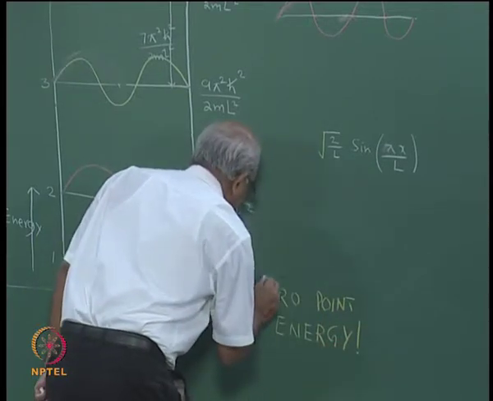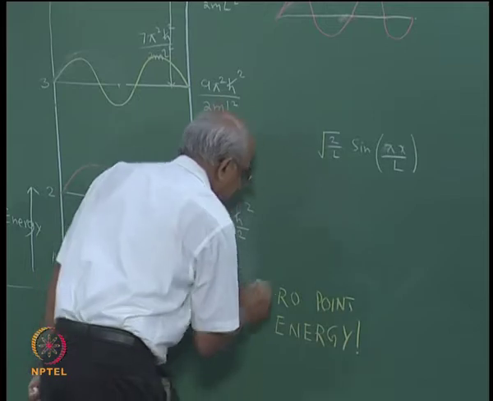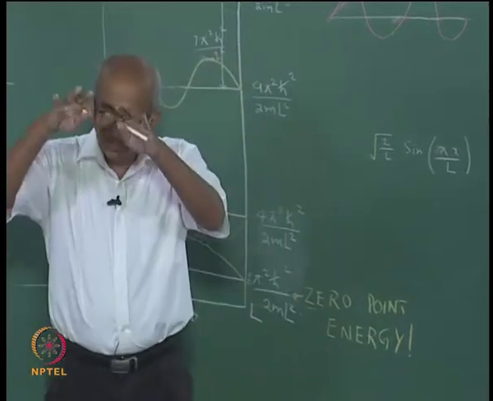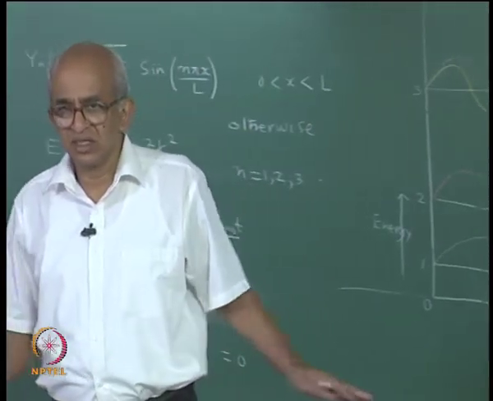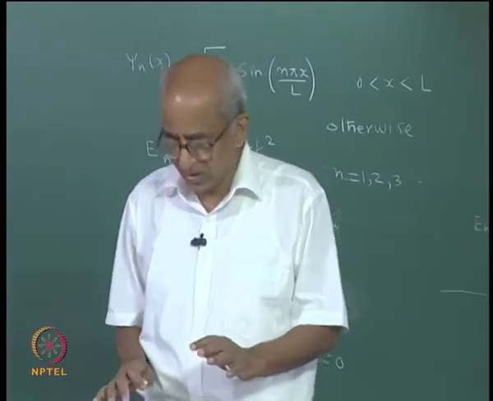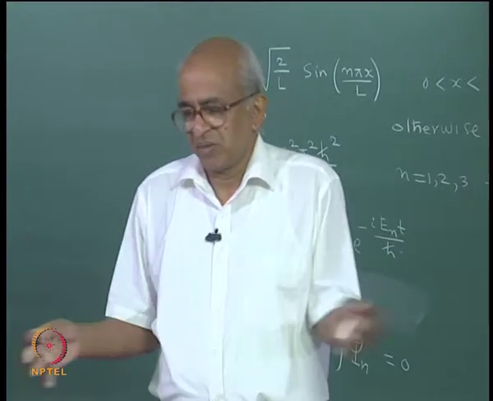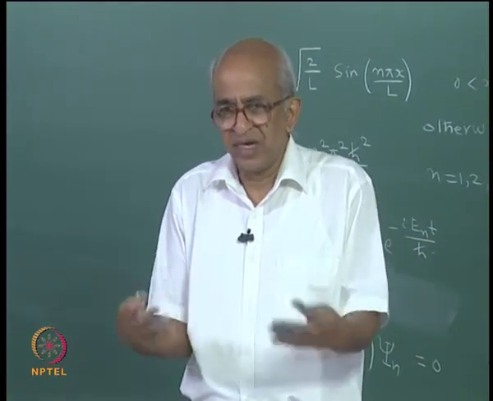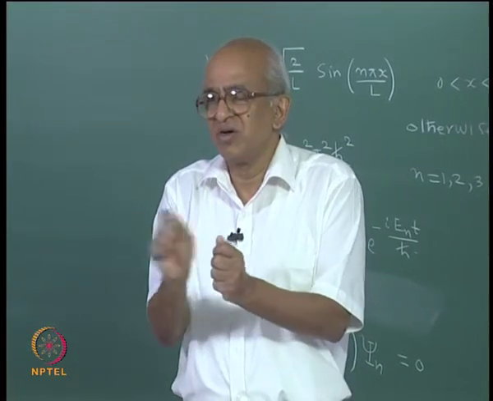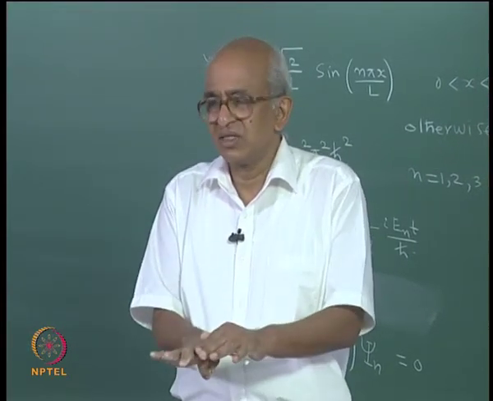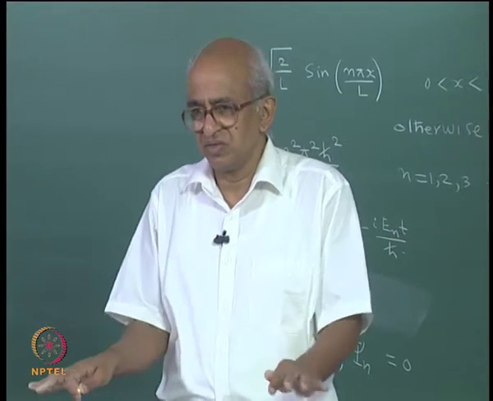Why do you say that this is the 0 point energy? Because even in the lowest possible state, the system has a non-zero energy, and that is why you say it is 0 point energy, at absolute 0. And if the system obeyed classical mechanics, it would not move, it would just be sitting there and the energy would be 0.